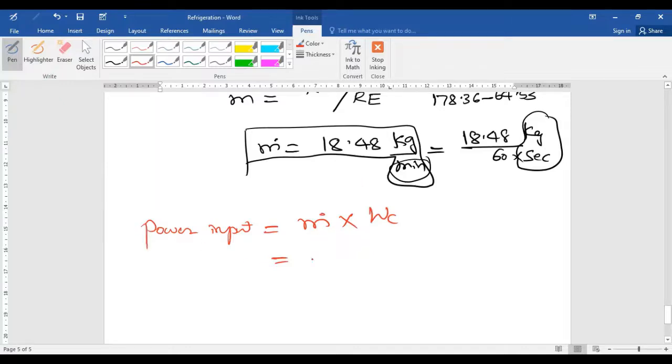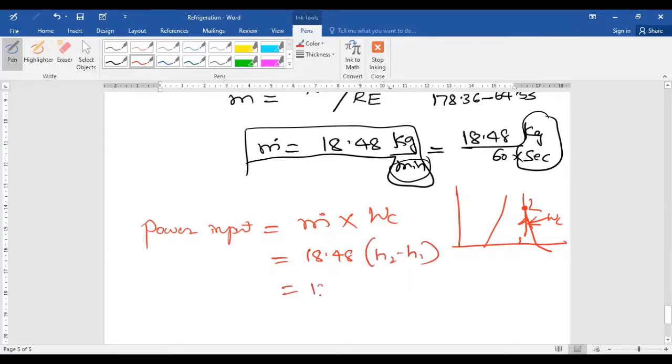Mass flow rate is 18.48. Work done on the compressor is the difference in enthalpy. The compressor is nothing but 1 to 2, so the work is H2 minus H1. H1 value you already know, and the H2 value also.